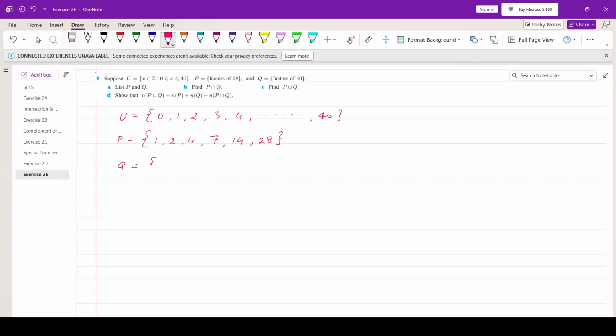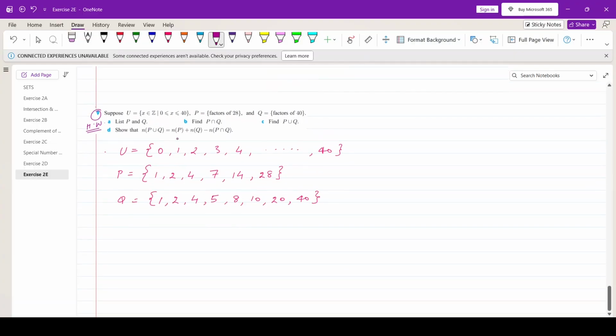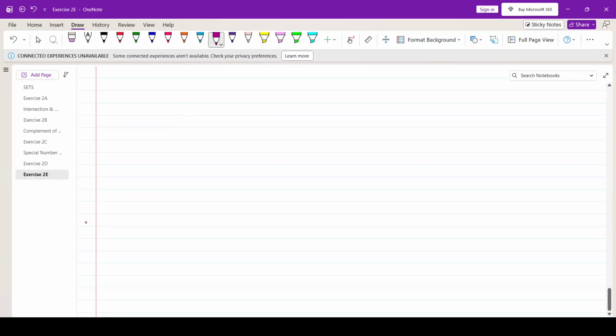The factors of 40 are 1, 2, 4, 5, 8, 10, 20 and 40. Therefore, now we have listed all the sets. So this question now can be done the very same way we have done question number 8. Let's move on to the next question.